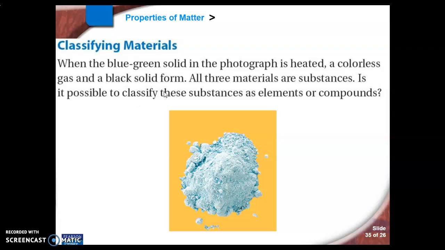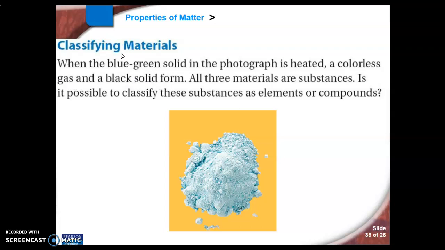Is it possible to classify these substances as elements or compounds? So we know that the blue-green solid should be a compound because when you heat it, you have a gas and a black solid. But we are not sure about this gas or this black solid.